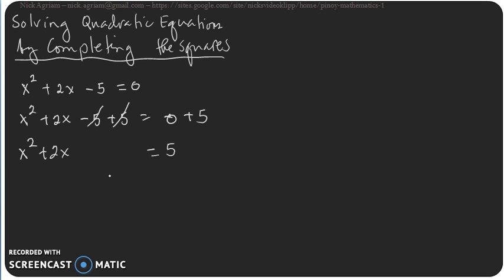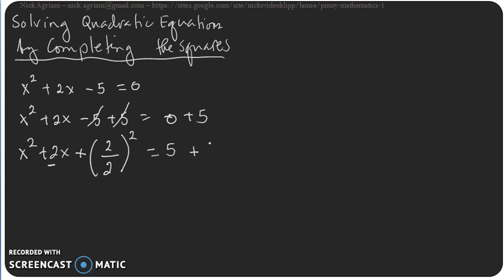Now, the completing the squares comes now. The third term is always half of the second term squared. Okay, I will repeat that: the third term is always half of the second term squared.